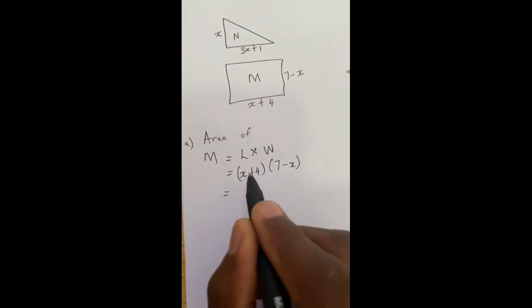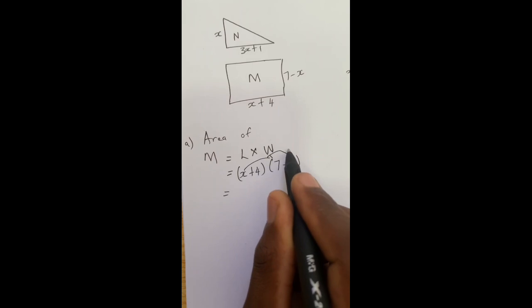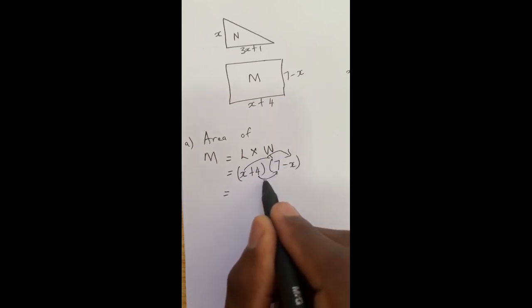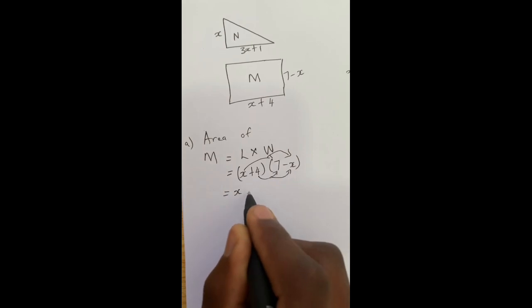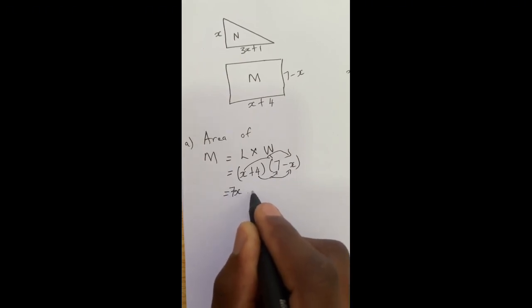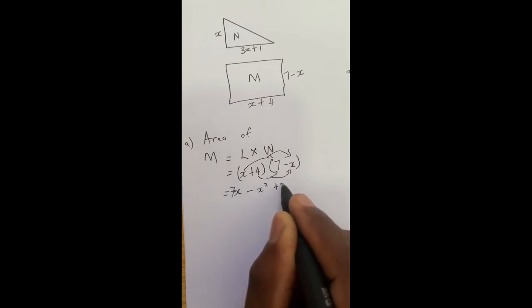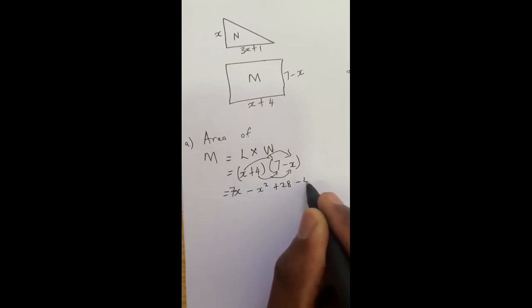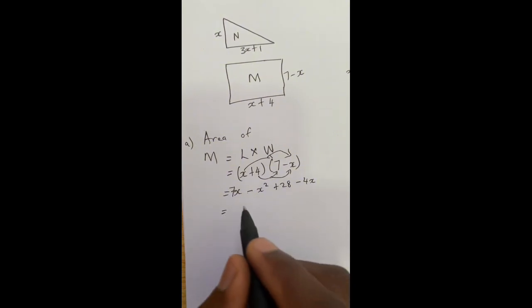This would give us x multiplied by 7 and x multiplied by minus x, plus 4 multiplied by 7 and 4 multiplied by minus x. So x multiplied by 7 gives us 7x, plus x multiplied by minus x equals minus x squared. 7 times 4 equals 28. 4 times minus x is minus 4x.